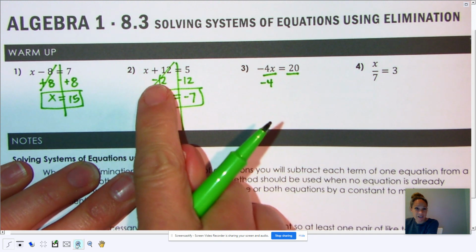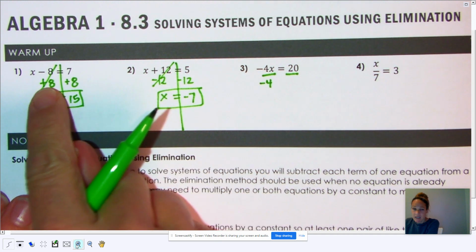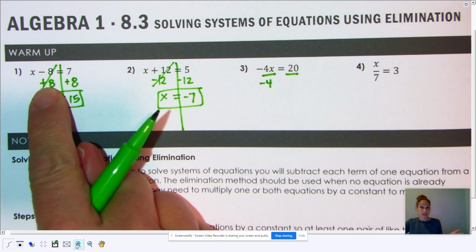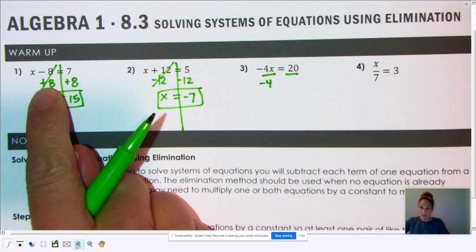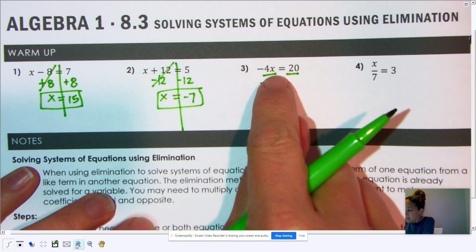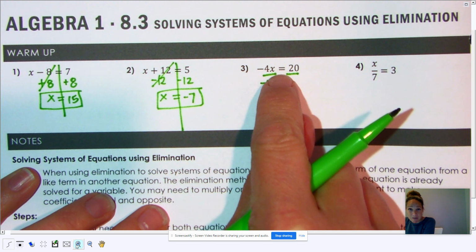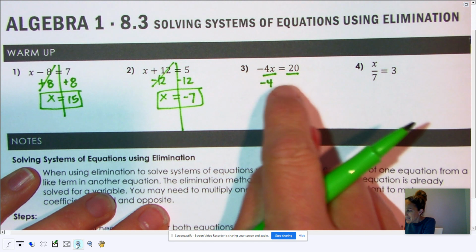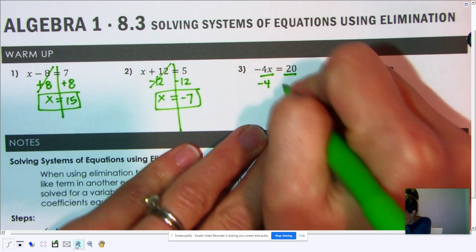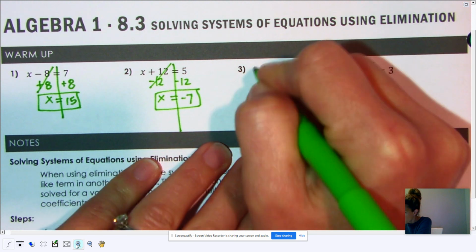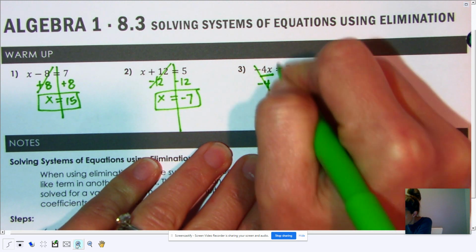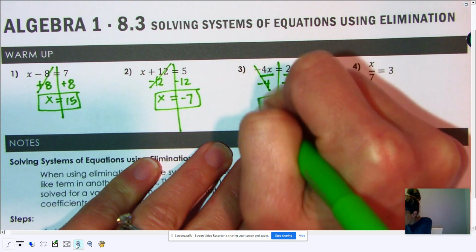So if you guys notice here, I used opposite signs, because those signs represented the operation, okay? The operation was multiplication, so the opposite of that would be division, but I need to use the same sign in order for it to cancel, okay? So I get x is equal to -5.